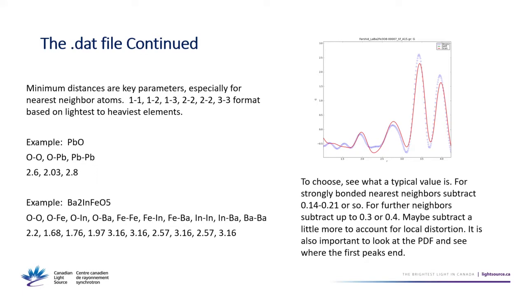The other thing you want to do is look at the PDF. If this is your first peak here, you might set the minimum distance right at the minimum, at the bottom, right before it goes up, because that's going to make the refinement behave normally. You can see this peak comes down here and ends, so whatever contributes to this, you say it ends about here, so you might make it here.